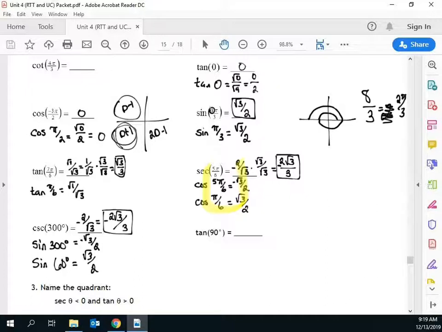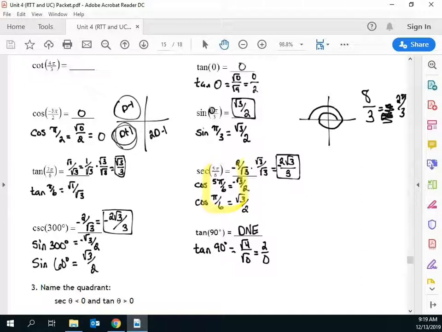All right, last one. Tangent of 90. We'll go through the steps, even though we don't really need to on this one. What's the reference angle of 90? 90. What is the tangent of 90? Root 4 over root 0, or 2 over 0, which is undefined.